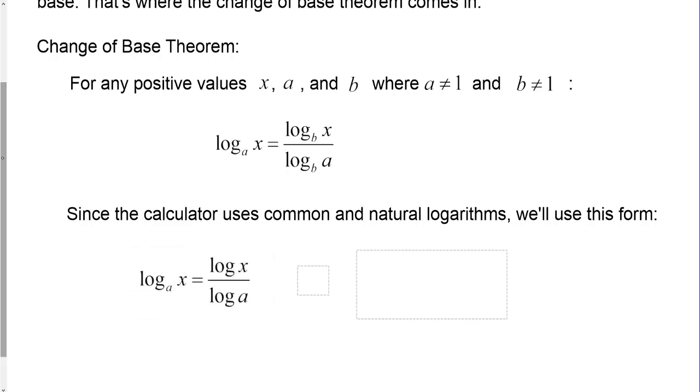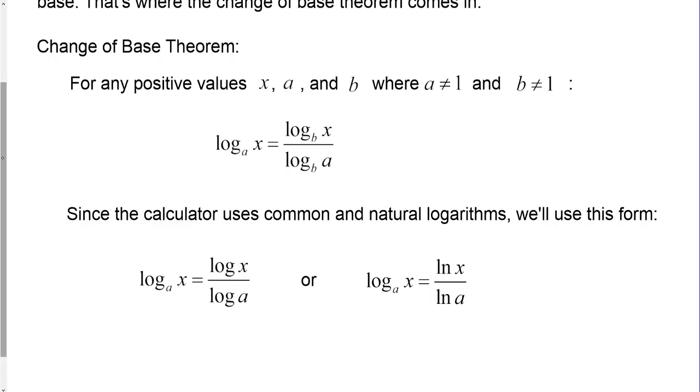If I have a log base a, where a is 2, 6, 12, 1/5, whatever that base is, I can calculate it using common logarithms by doing the logarithm of the argument divided by the log of the base. Or if you prefer using natural logarithms, you'll get the same result, changing them to log base e.